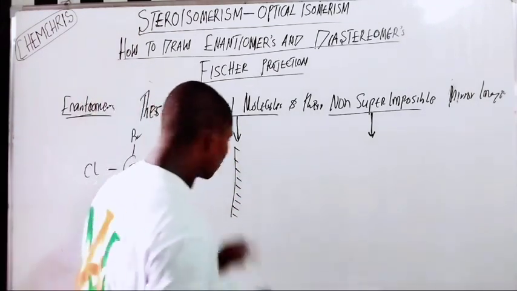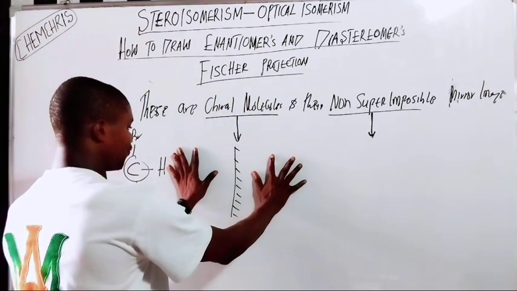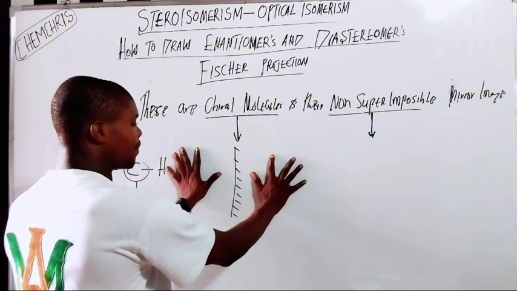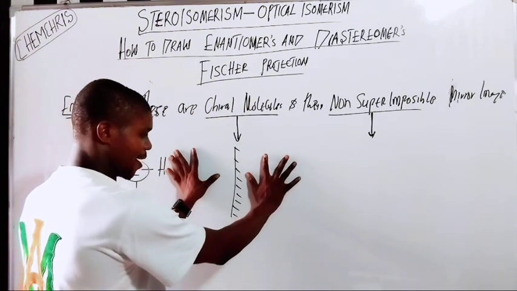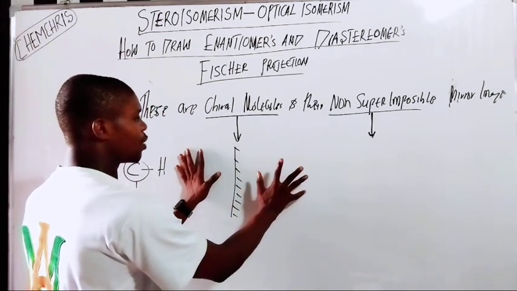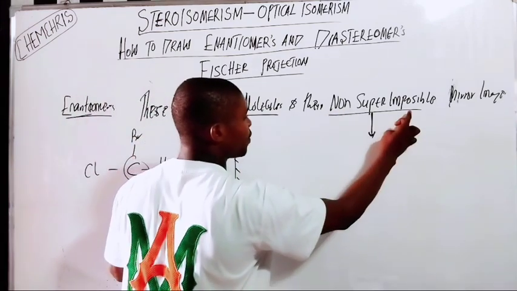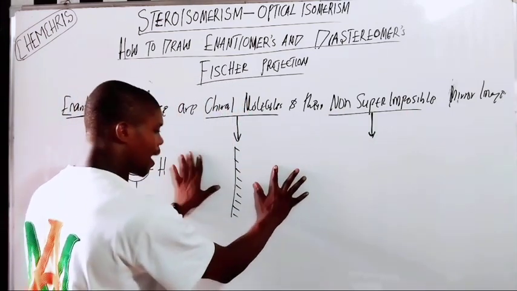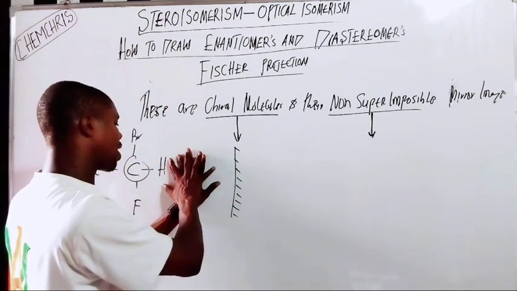If you place your left and your right hand there, you find that they are mirror images of each other. They cannot overlap with each other. The word non-superimposable means that they cannot overlap, in the sense that there's no way you can arrange them to overlap with each other.